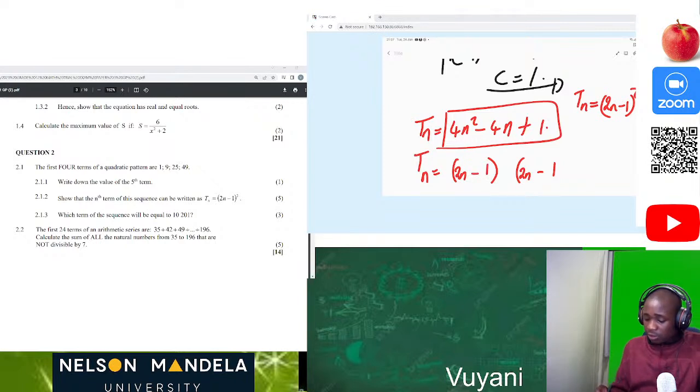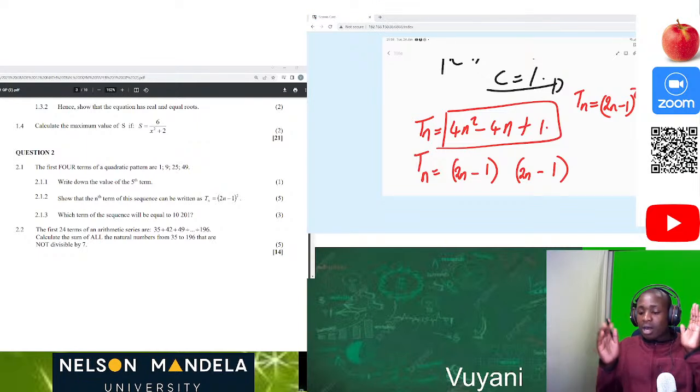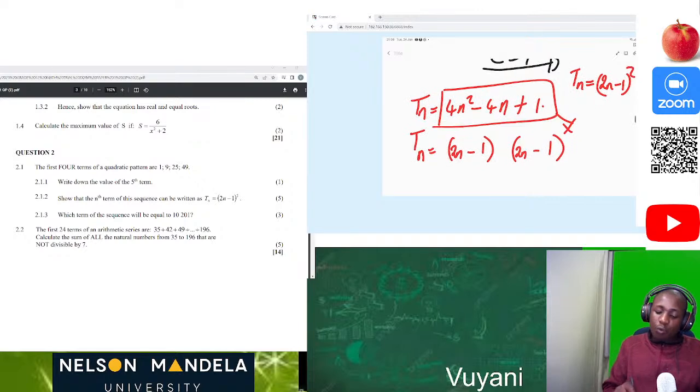Or if you are not good at finding the factors of a trinomial, please use the quadratic formula, which says x is equal to negative b plus or minus the square root of b squared minus 4ac, divided by 2a, so that you can get the two factors.